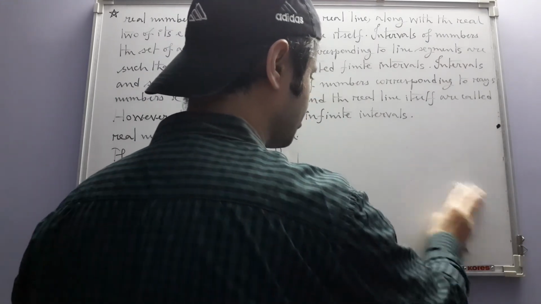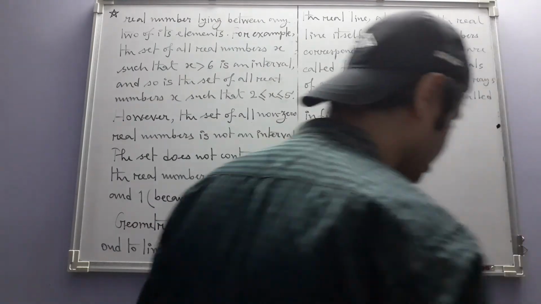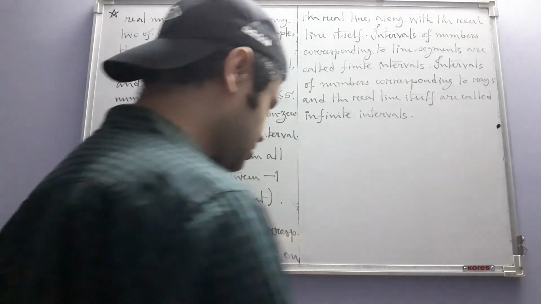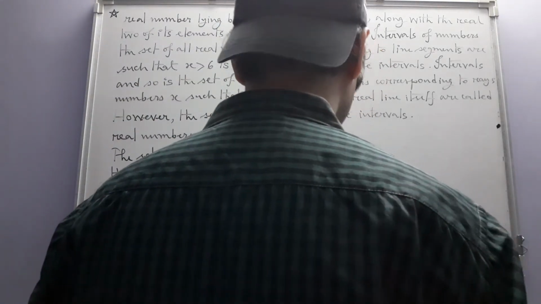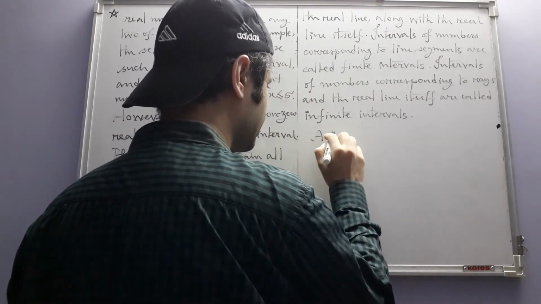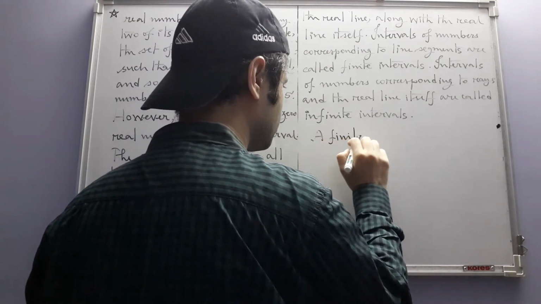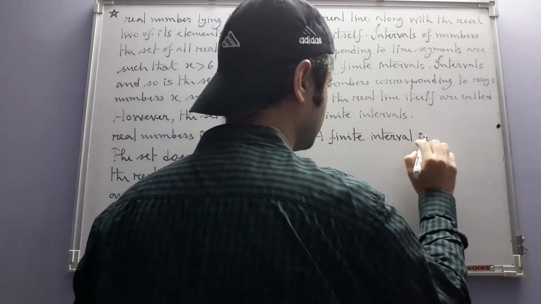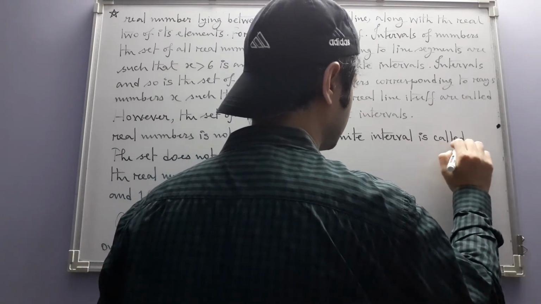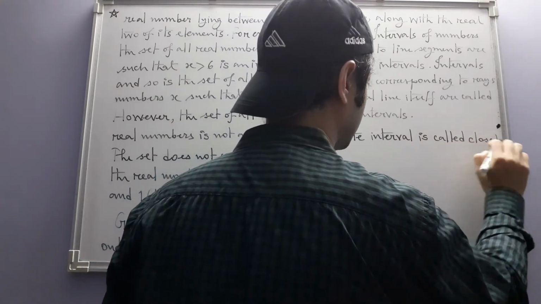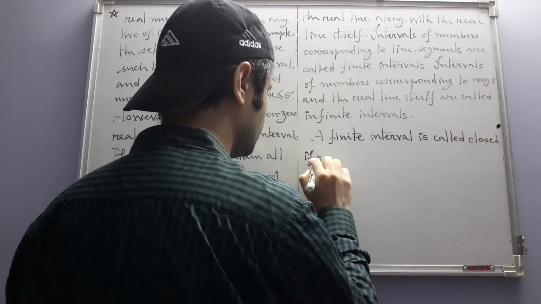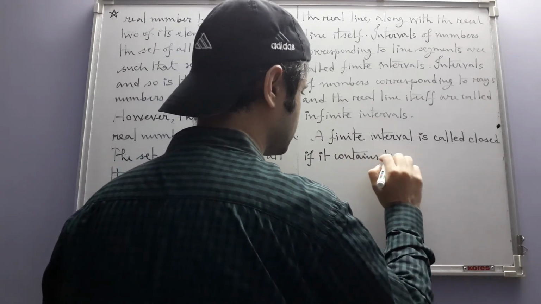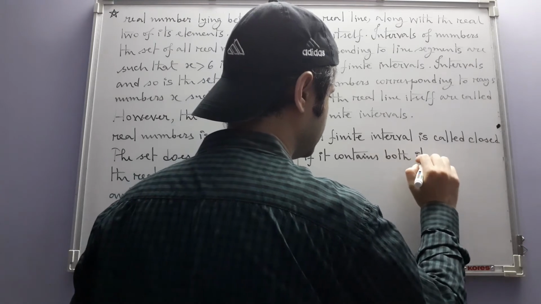So now you understand what finite and infinite intervals mean and what line segments and rays have to do with intervals. Now some more terminology. A finite interval is called closed if it contains both its endpoints.